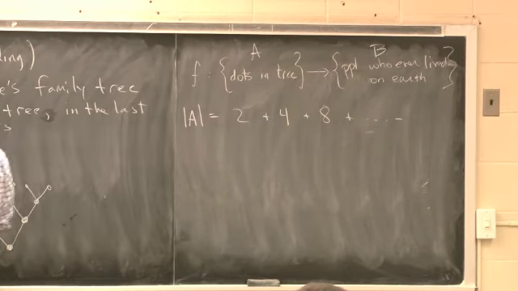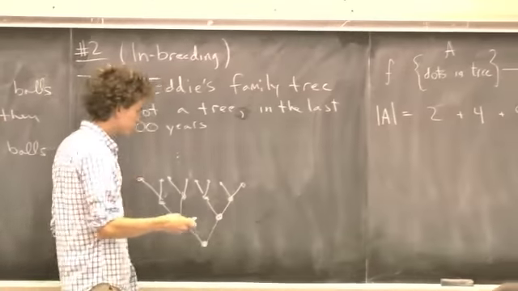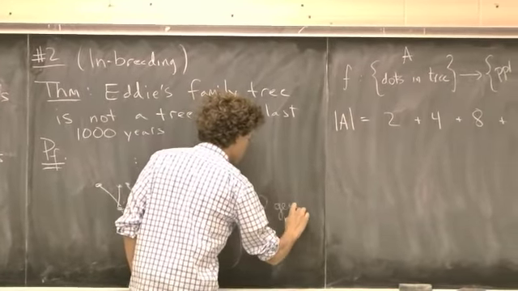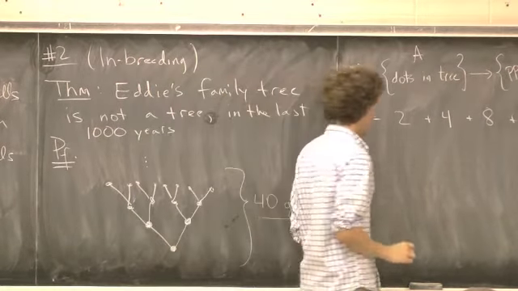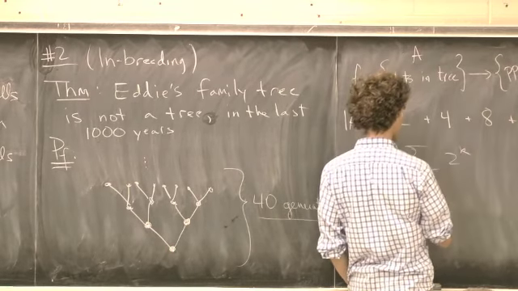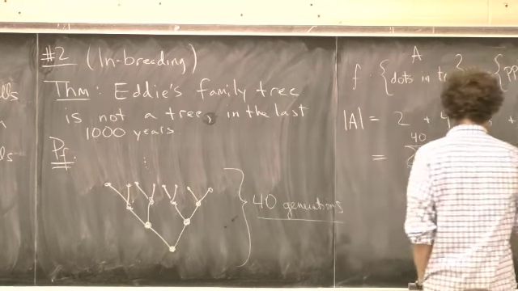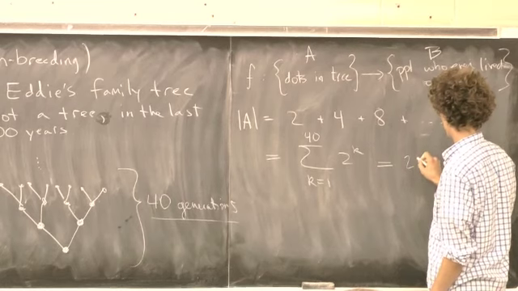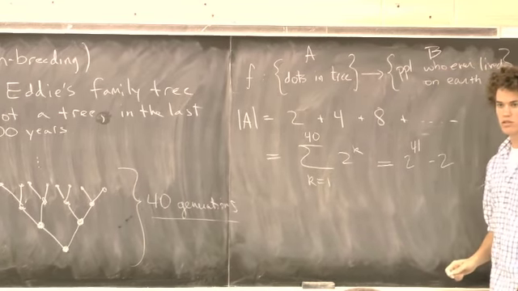Let's say 25 years a generation, 40 generations. So what is the sum? Well, it's the sum of 2 to the k from 1 to 40. So what is this? Well, I guess it's 2 to the 41 minus 2.